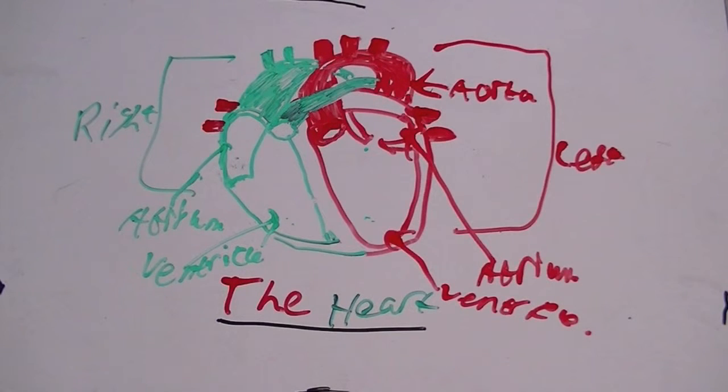So, another part of the heart you may want to know, or you will need to know, is the pulmonary vein and artery. Now, they're not obviously called the left and the right pulmonary vein or artery, so you may need to go over this a bit more.